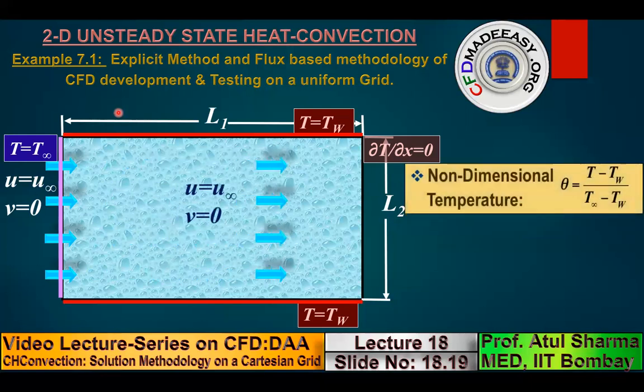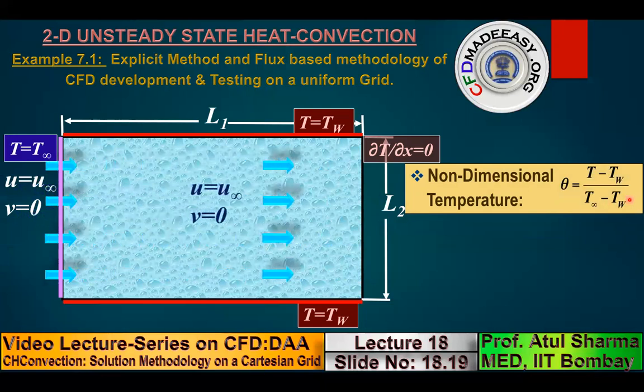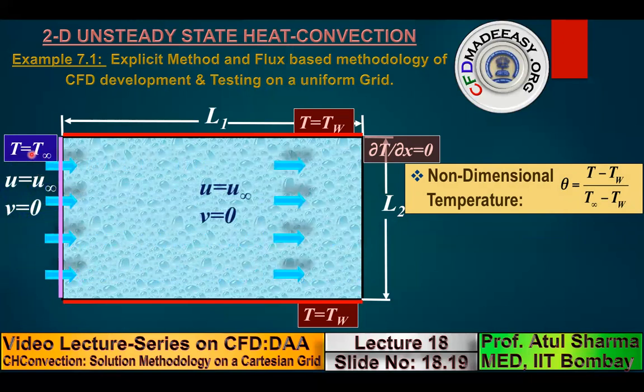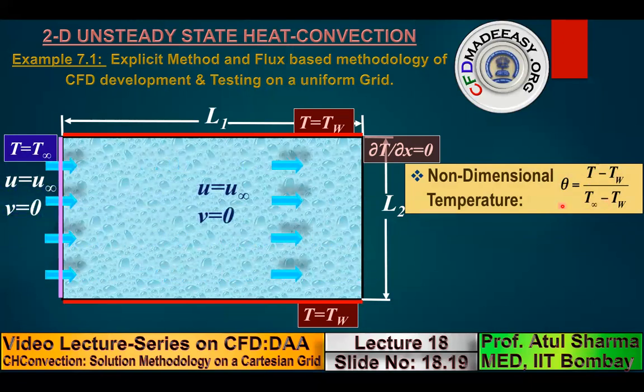and we present it in a non-dimensional form where theta is expressed as T minus Tw divided by T infinity minus Tw. So when we express it in a non-dimensional form, the boundary conditions are also expressed in a non-dimensional form. If you substitute T infinity here, you get T infinity minus Tw divided by T infinity minus Tw.